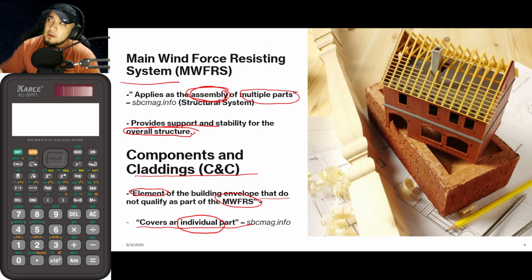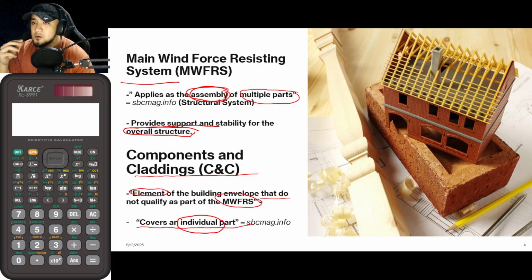Maybe if we compare it with other terms, parang yun dun sa components and claddings, let's say individual member lang siya, let's say a beam, just a beam. And as for MWFRS, that is the whole structure, for example, a frame consisting of multiple structural elements such as beams, columns, shear walls, and so on.